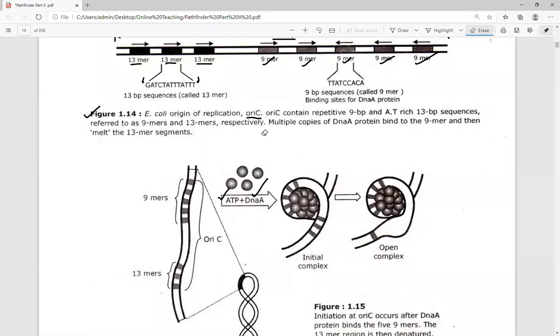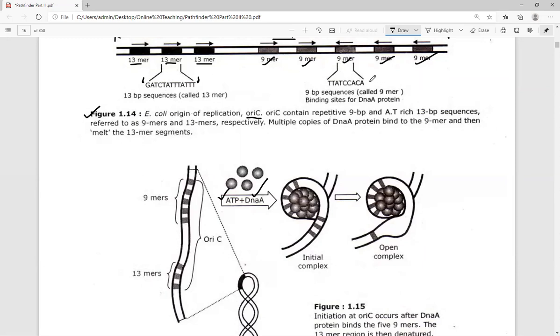Why are you melting the DNA at this particular sequence? To understand this process, you must calculate the AT and GC content of the 9-mer and the 13-mer region.